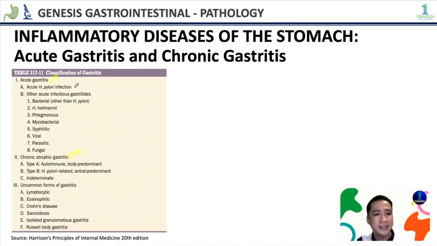In acute gastritis, still H. pylori infection, other gastritides, chronic atrophic gastritis. Of course, we have your autoimmune, about 10% of the chance of having chronic gastritis. And of course, the most important cause of chronic gastritis is an infection, H. pylori. H. pylori infection.